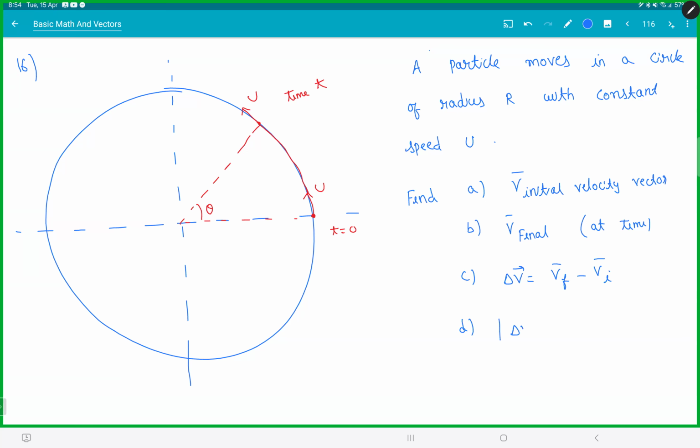Find magnitude of delta V bar. So this is the magnitude of change in velocity vector. So what is delta V bar? Delta V bar is change in velocity vector, V final minus V initial. Delta V bar is the magnitude of change in velocity vector.